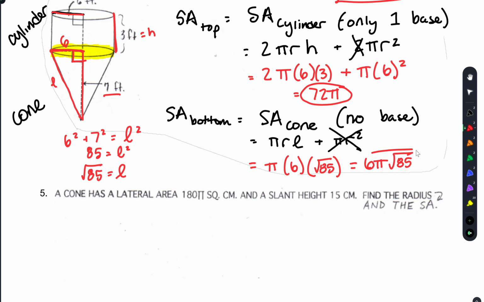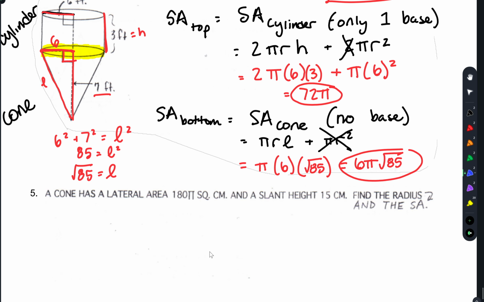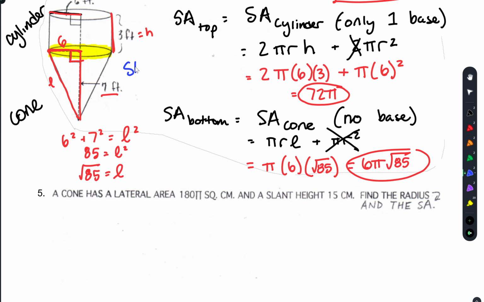And then I know that I need to put both of these numbers together in my calculator, and I'm running out of room, so maybe I'll squish it in over here. The surface area in total, 72 pi plus 6 pi square root of 85 equals, as a decimal, 399.97.